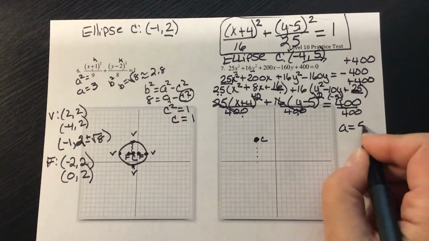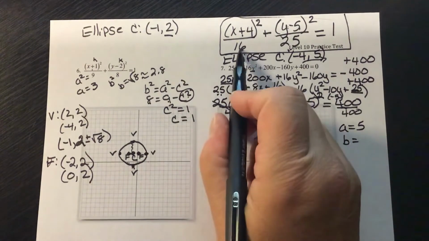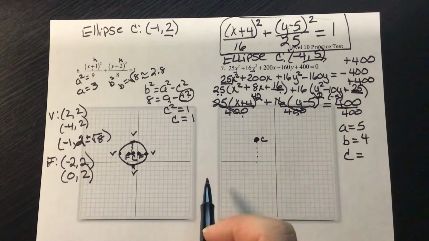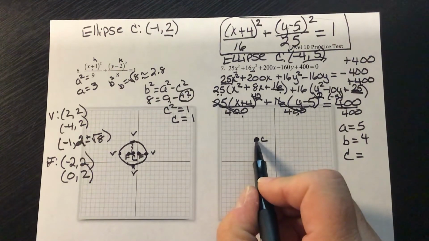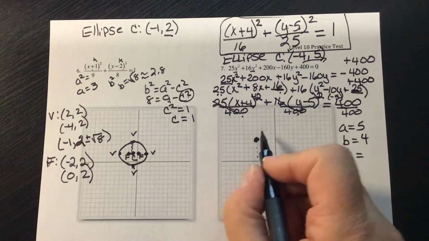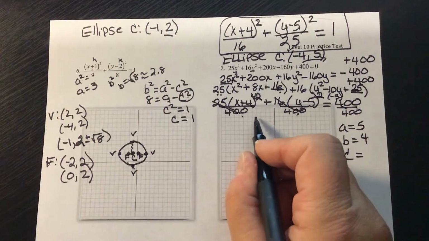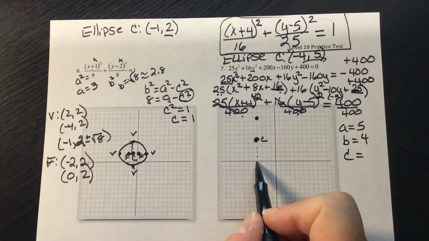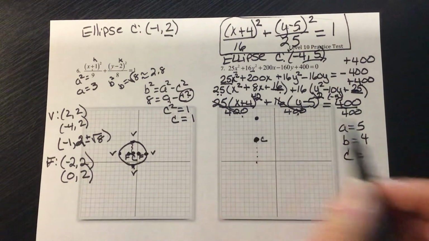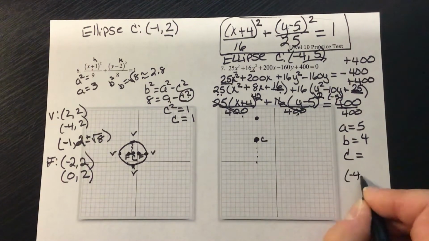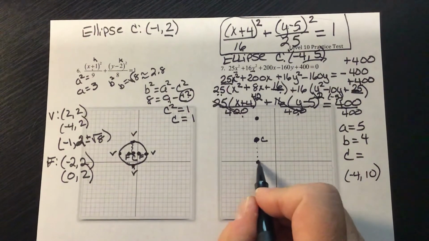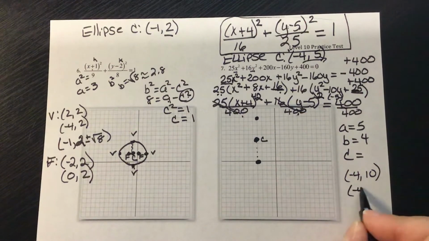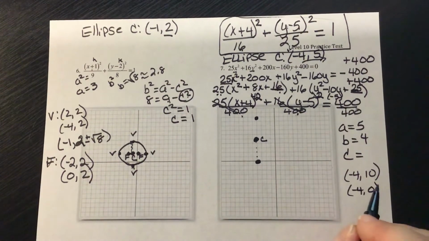So A is 5, B is going to be 4, and we'll find C in just a minute. From the center, I'm going to go up 5. So this is going to be the point negative 4, up 10. And down 5 would be negative 4, up 0.